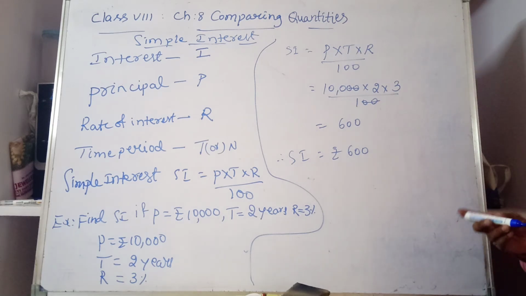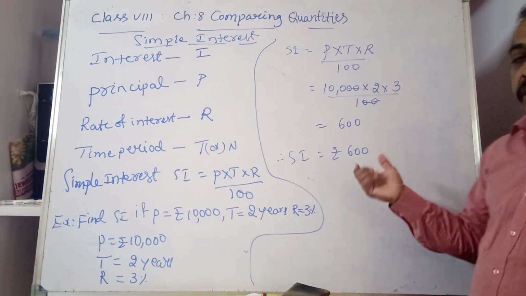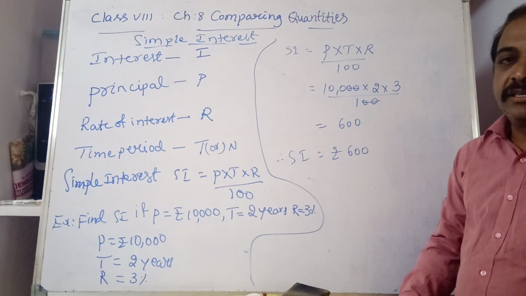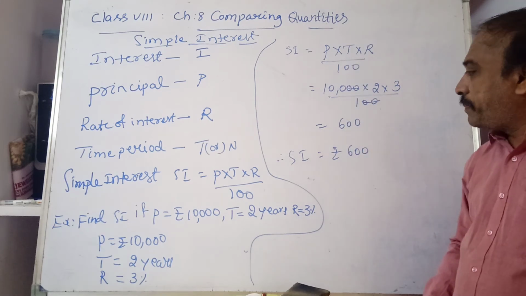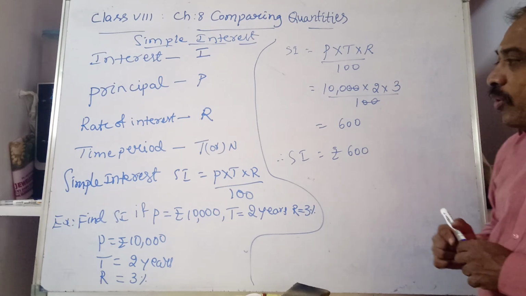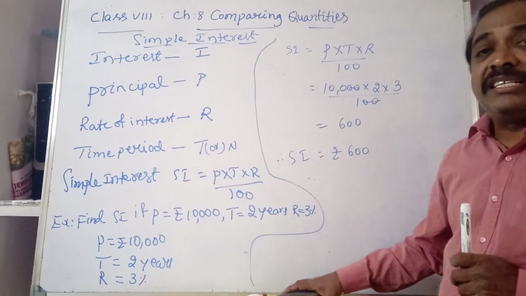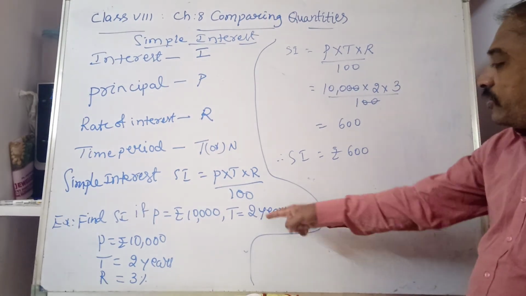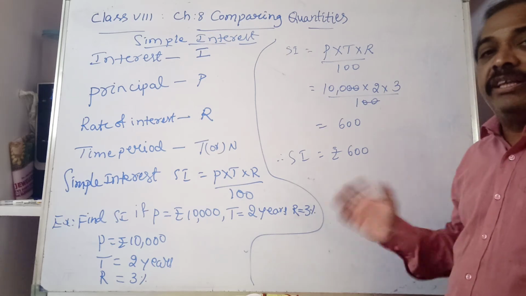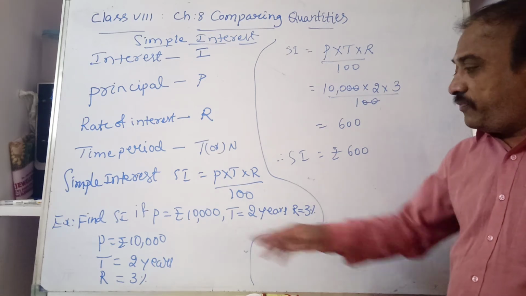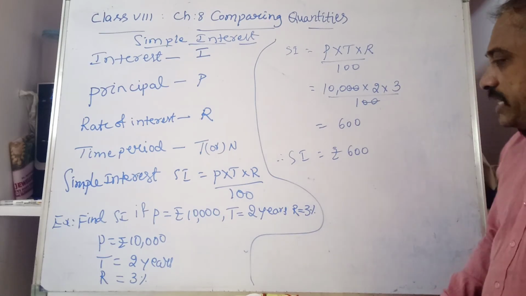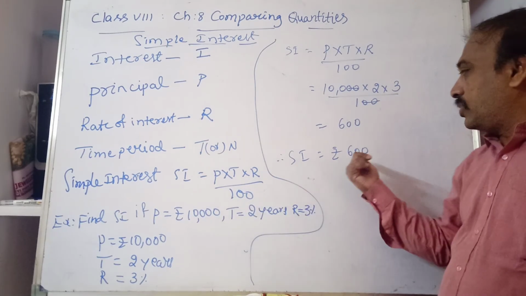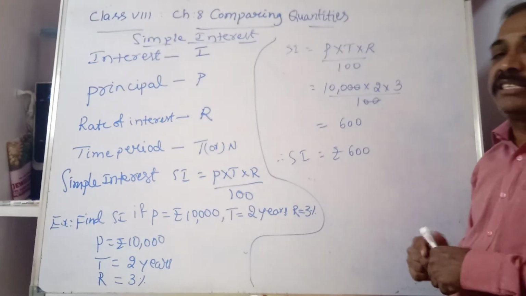These topics we have discussed in the earlier classes in class 7th. This is how we calculate simple interest. Now, in the same question, what is the amount you will be getting at the end of 2 years? Whether you took the principal from somebody else or you deposited it, the total is 10,000 plus 600.